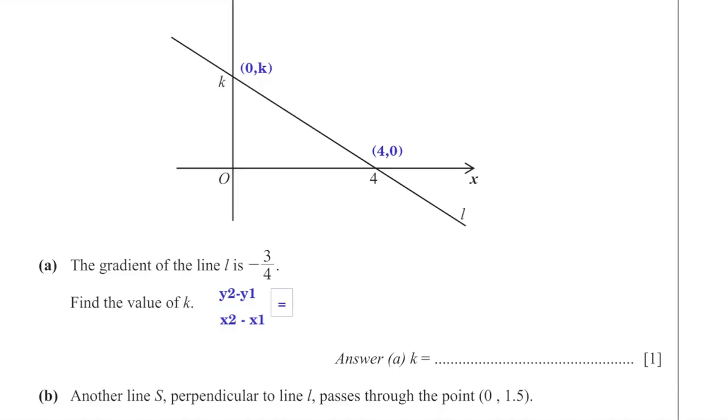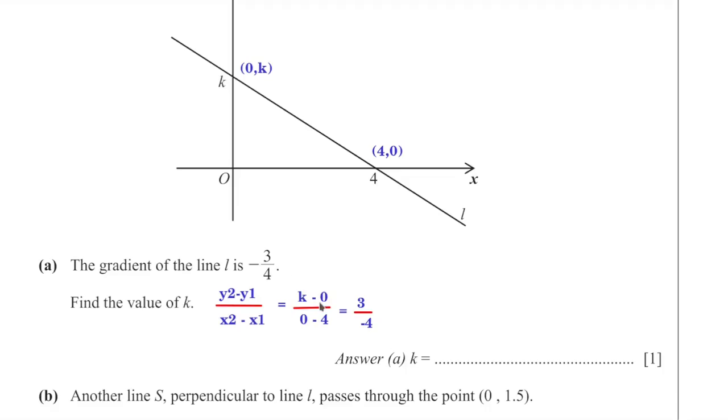And this is equal to, what is y2? I can call it k minus 0 divided by 0 minus 4. And this should give me 3 over negative 4. Let's try to deal with this stuff here and try to find the value of k.